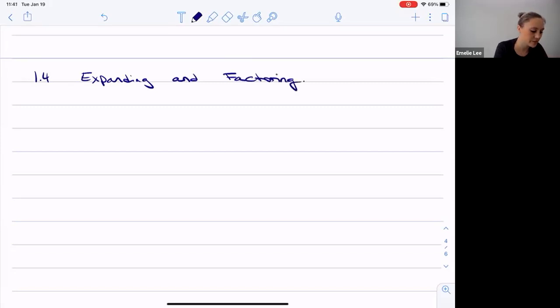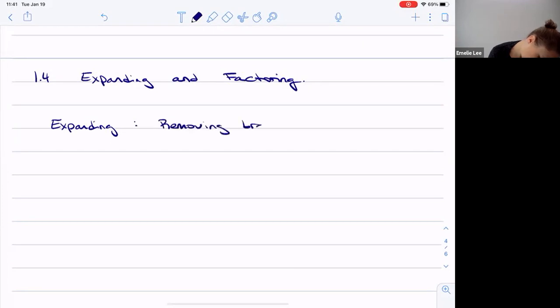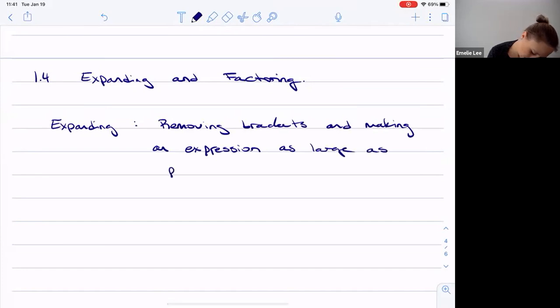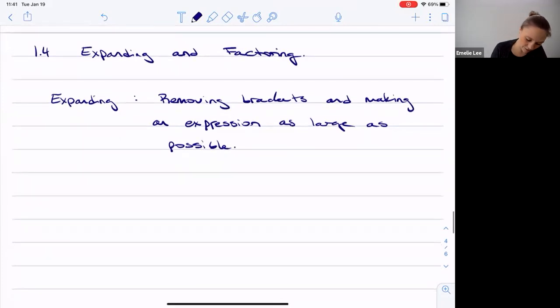In those notes that I conveniently posted from my other course, but that definitely apply to you too: expanding is essentially when you remove brackets and make an expression as large as possible.